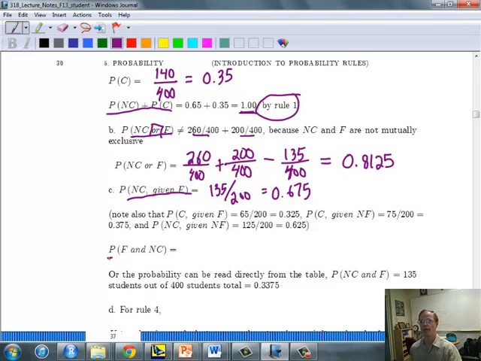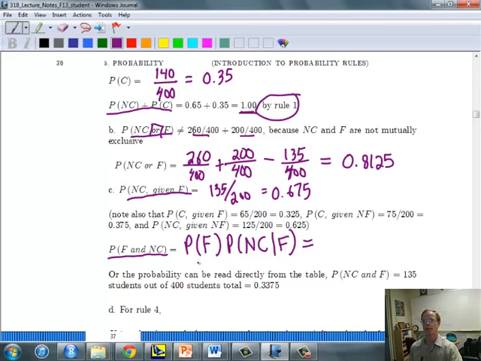Now, phi and no change, using the product rule, we have the probability of phi times the probability of no change. However, if no change and phi are dependent, then we're going to have to use the conditioning here. Whether they are or not, we would need to check.